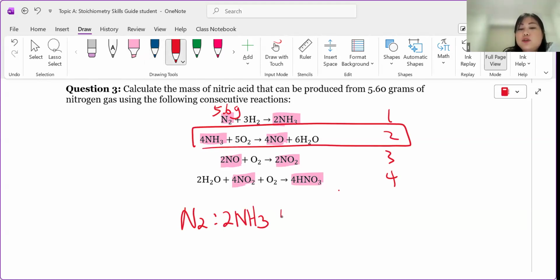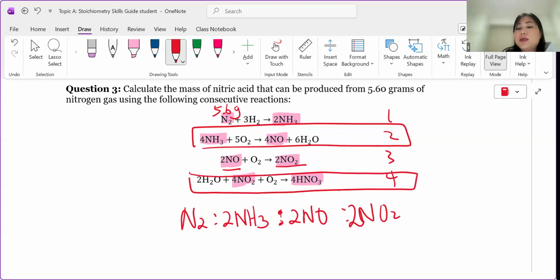Because 4 to 4, so 2 to 2, I get 2 NO. If I have 2 NO, how many NO2 will I get? 2 NO, 2 NO2, so it will be 2. Now, if I have 2 NO2, apply to the last one. How much acid will I have? 4 to 4, so 2 to 2.